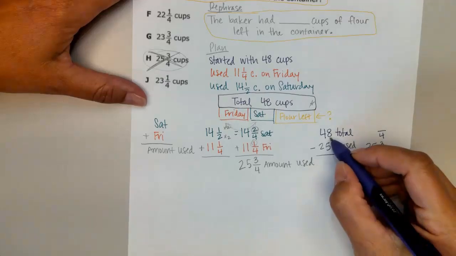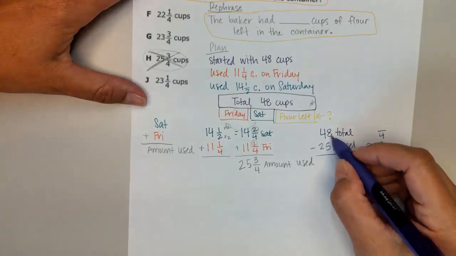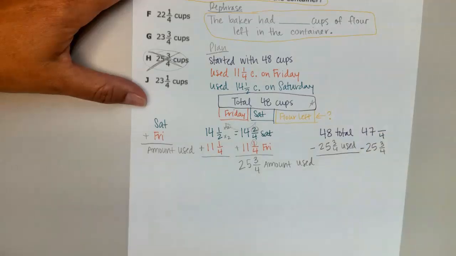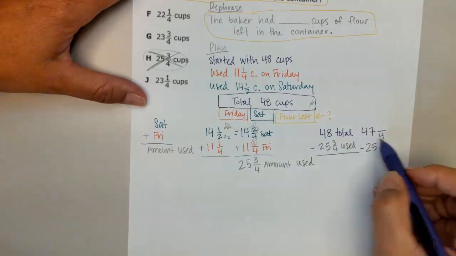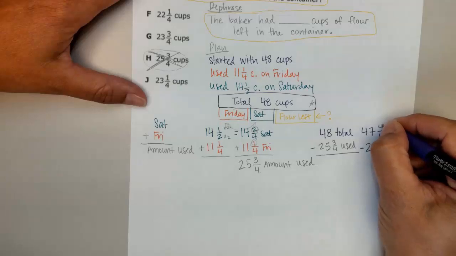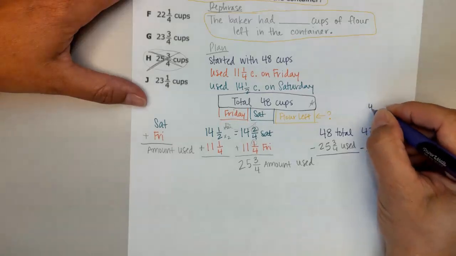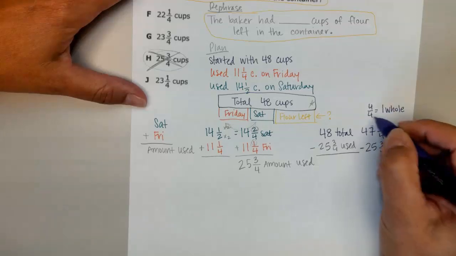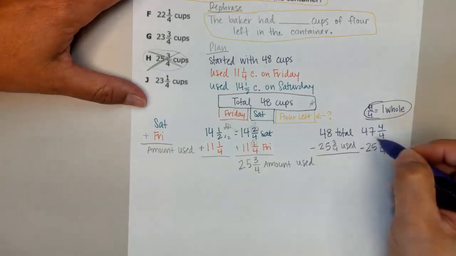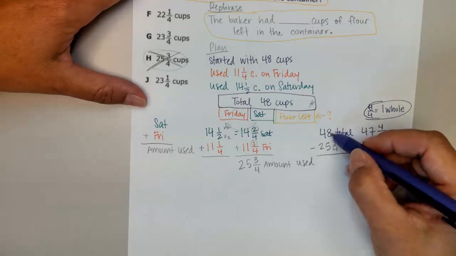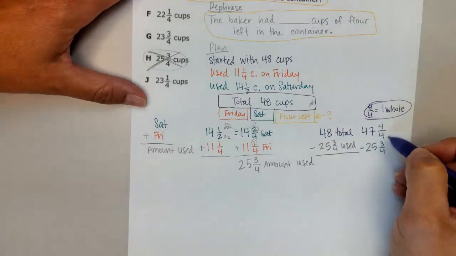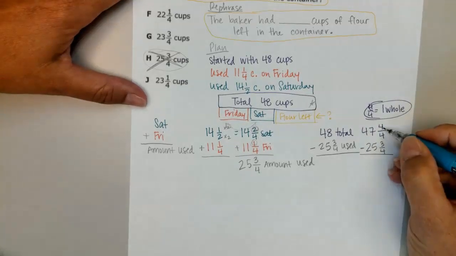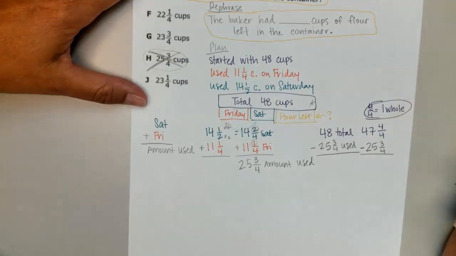Okay, so I'm going to borrow 1 whole from 48, so this now becomes 47, and I need to borrow 4/4 because 4/4 is equivalent to 1 whole, right? So when I'm borrowing from a whole number, I take away 1, I regroup, and I regroup that into a fraction that has an equal numerator and denominator.